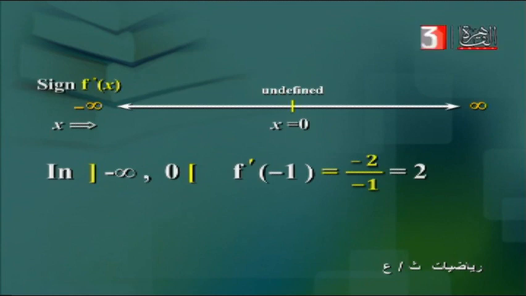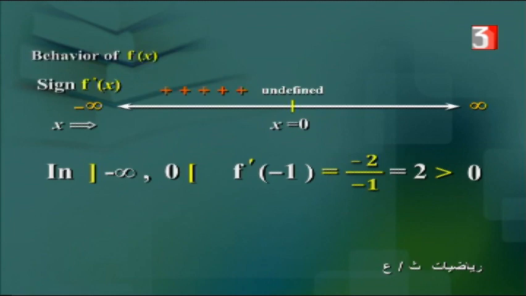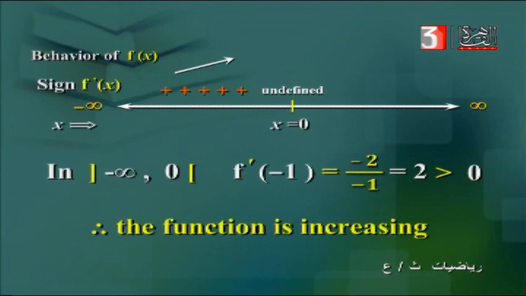In the open interval negative infinity and 0, f dash negative 1 equals negative 2 over negative 1, which equals positive 2. Positive 2 is bigger than 0. Then the sign of f dash is positive, and the function f of x is increasing in this interval.